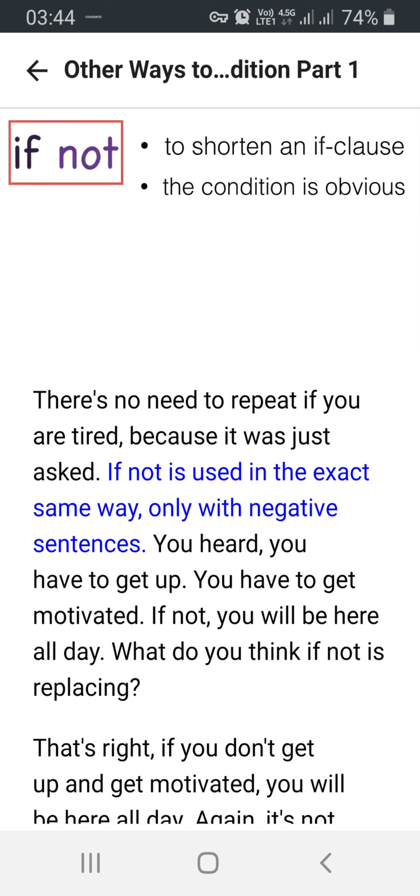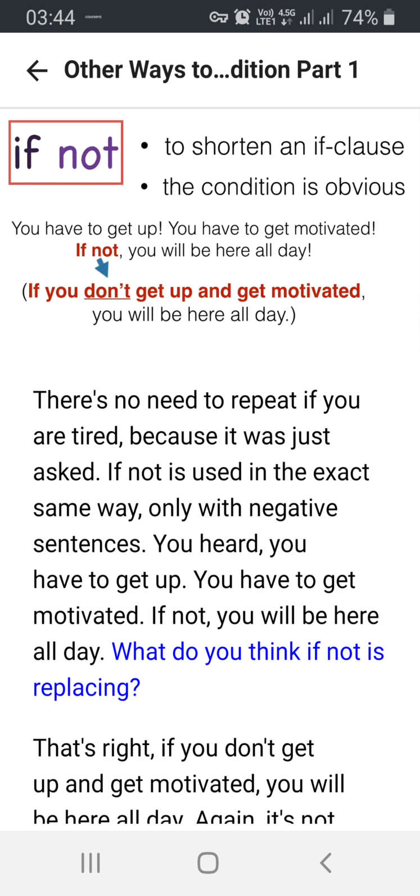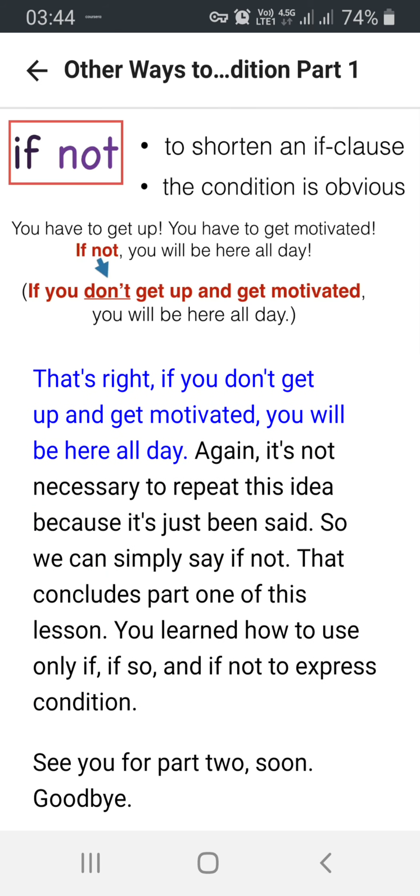If not is used in the exact same way, only with negative sentences. You heard, "You have to get up. You have to get motivated. If not, you will be here all day." What do you think if not is replacing? That's right. If you don't get up and get motivated, you will be here all day.